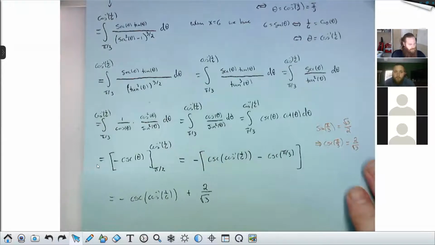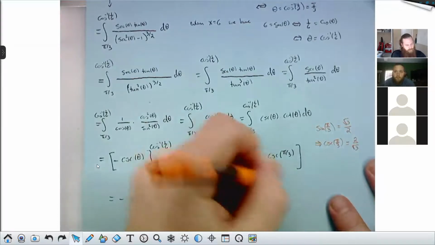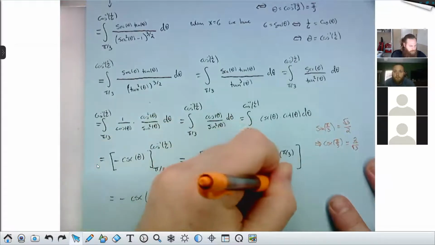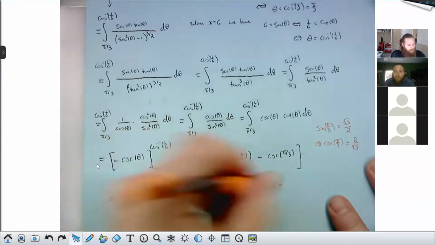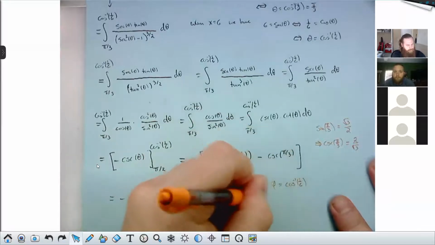So what I would do is use some letter. I can call it theta. I'm going to use phi here because we're using theta to mean something else. Let phi be the inverse cosine of 1/6.